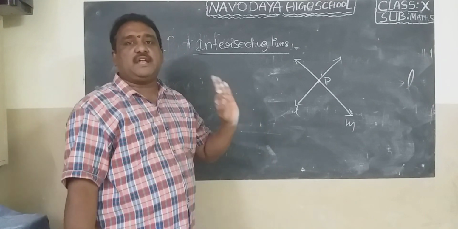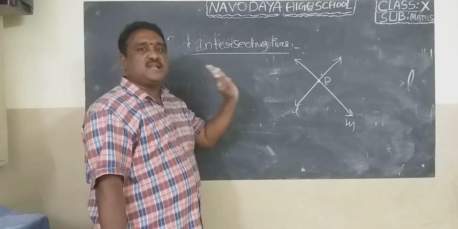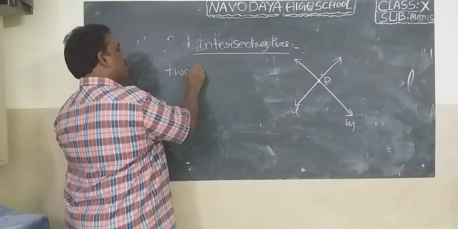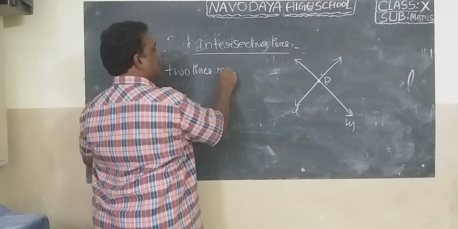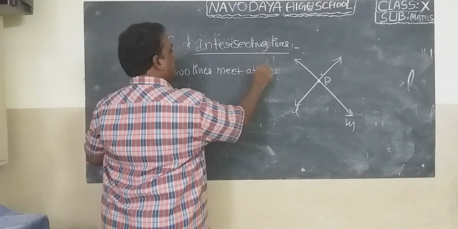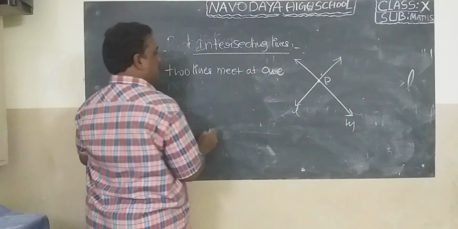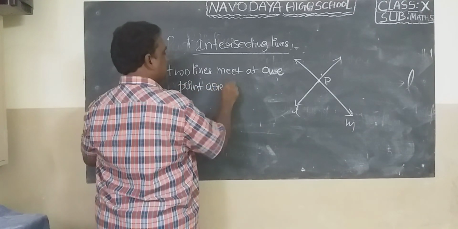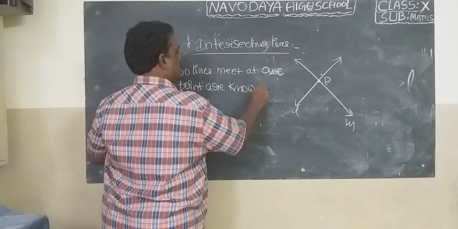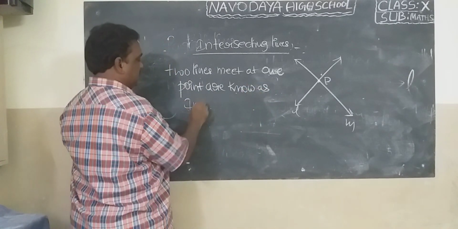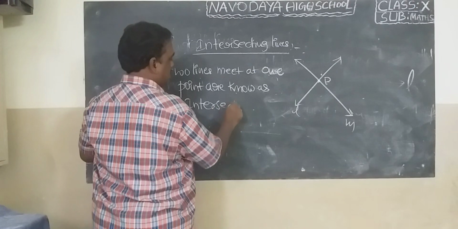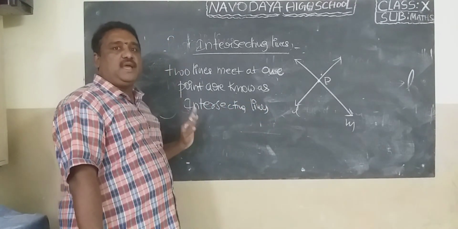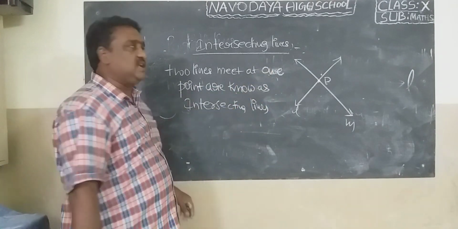Two lines meet at one point are known as intersecting lines.